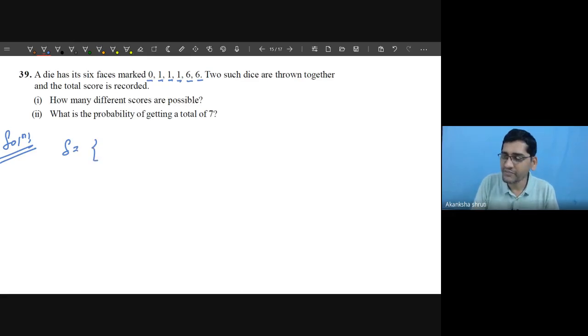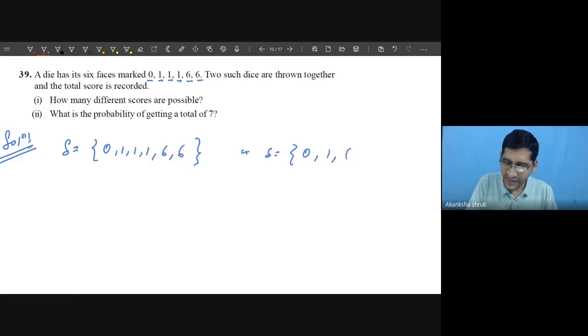What are the outcomes? The outcomes can be 0, 1, 1, 1, 6, 6. Are these the possible outcomes, or whether we shall take the sample space as 0, 1 and 6?